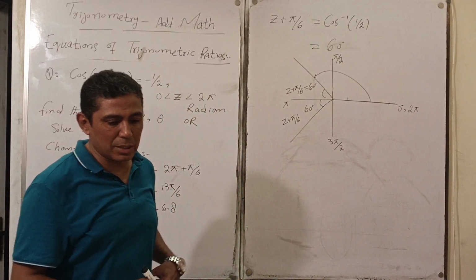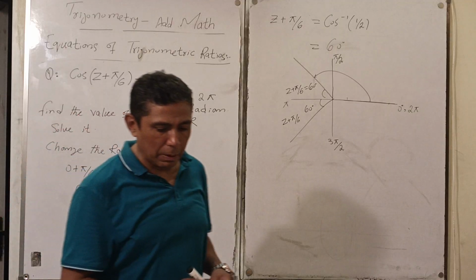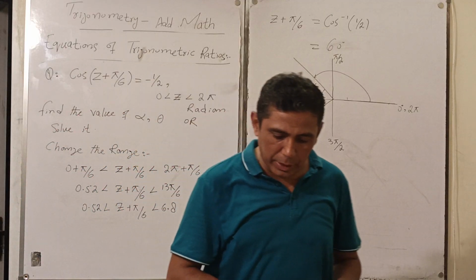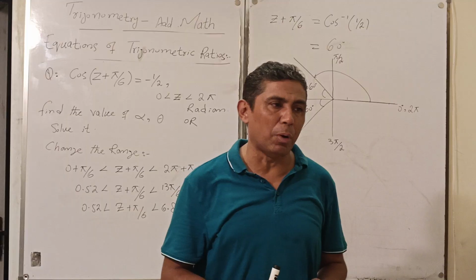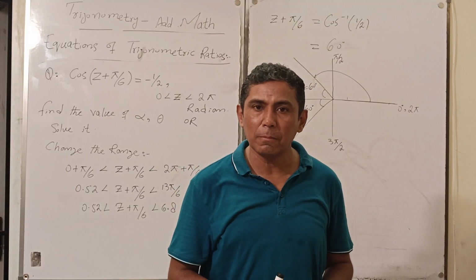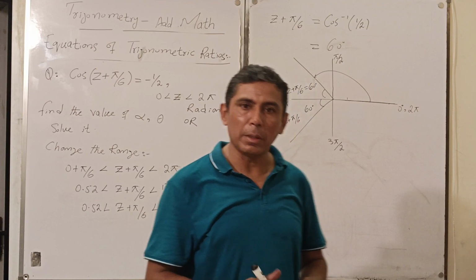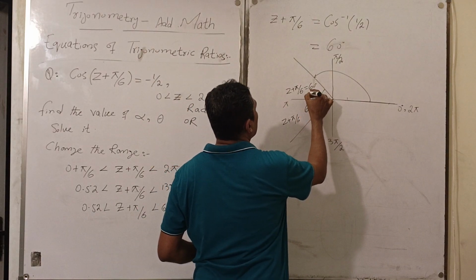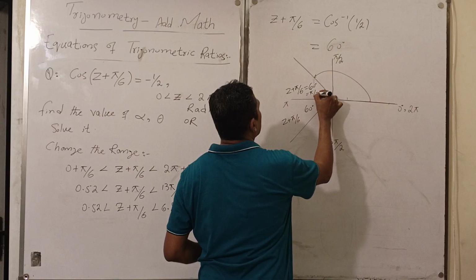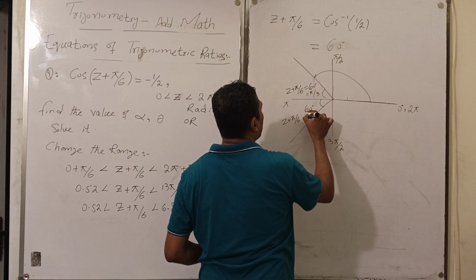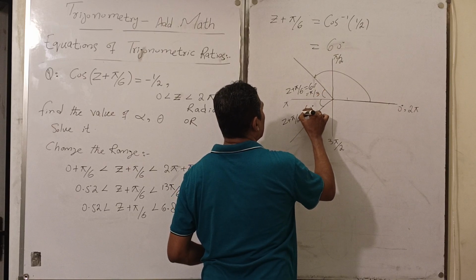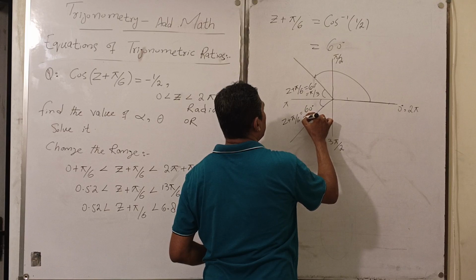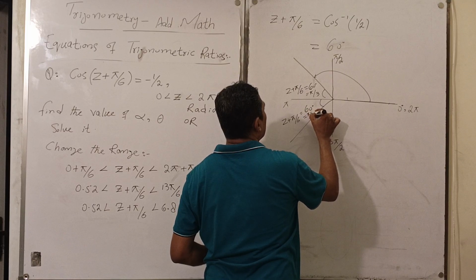So pi minus 60 is what? 180 minus 60, in terms of pi, 60 equals pi by 3. So it means this one is pi by 3. Am I right? Yes, pi by 3.